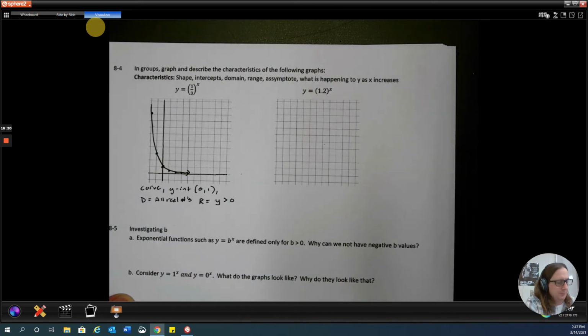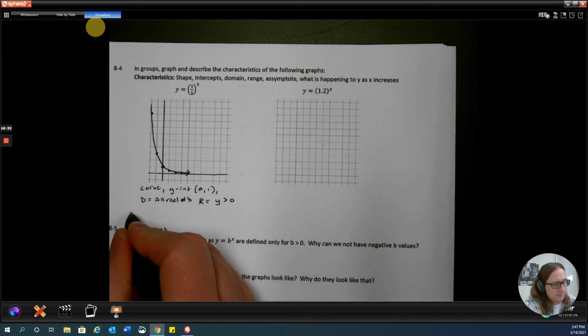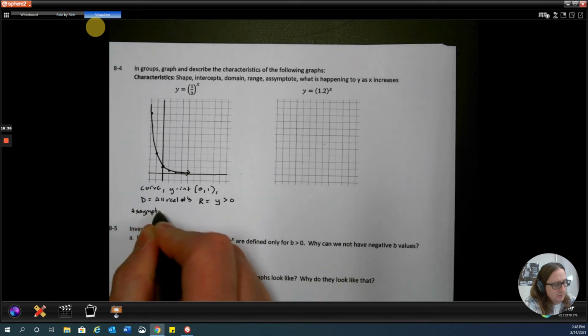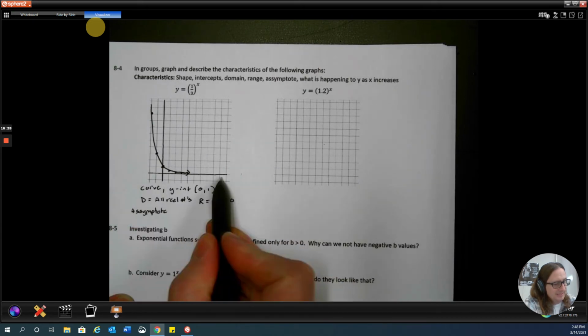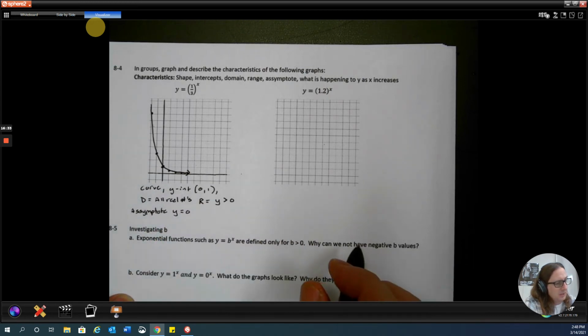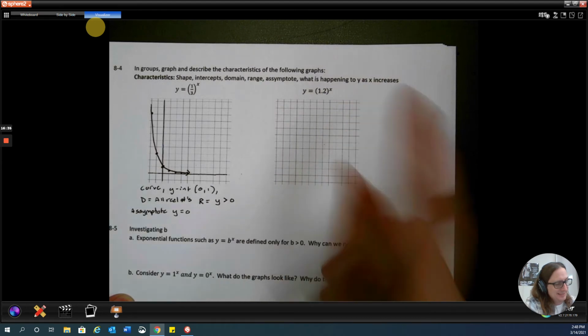What's the asymptote? The asymptote is the x-axis, so that's y equals 0. What's happening to y as x increases?